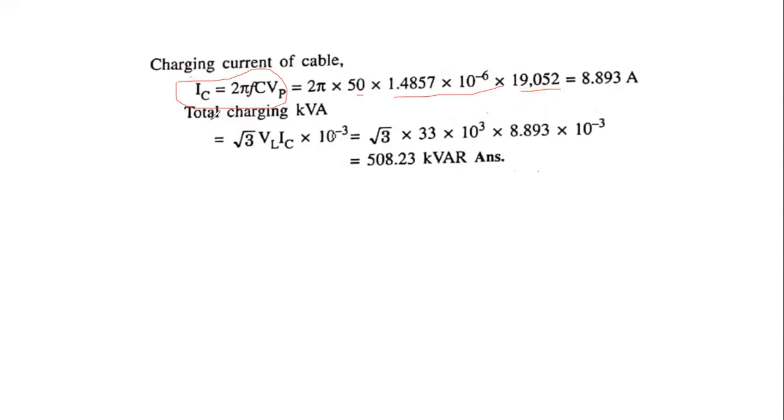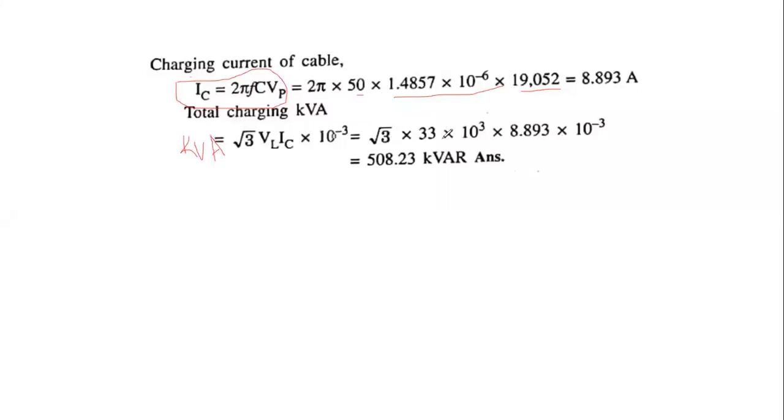Next we calculate the total charging kVA, which is voltage into current: root 3 into V L into I C into 10 power minus 3.